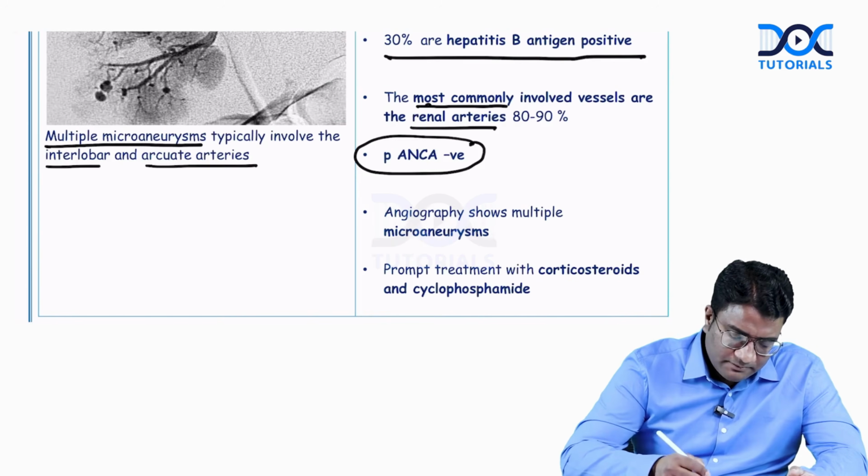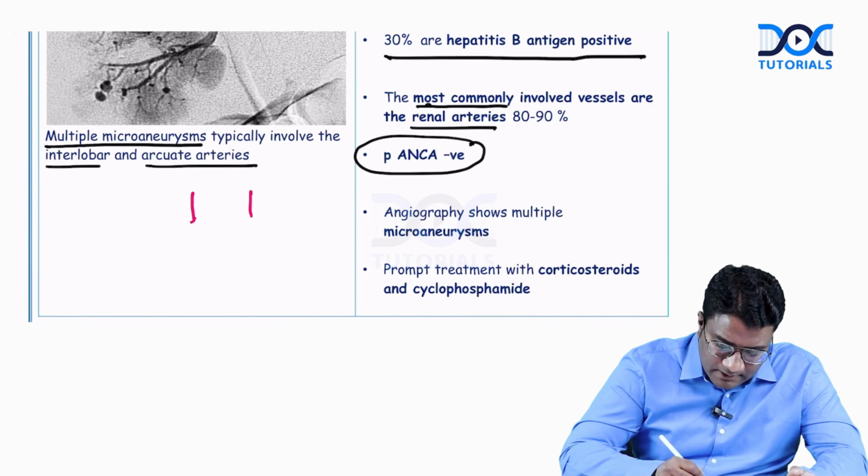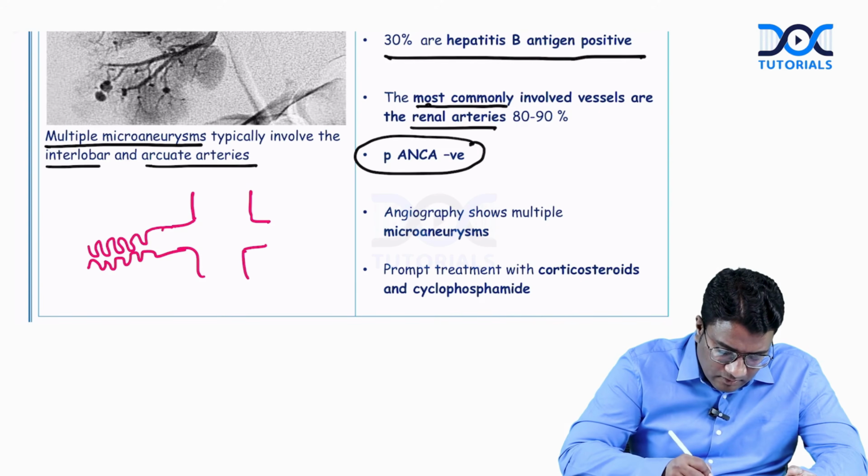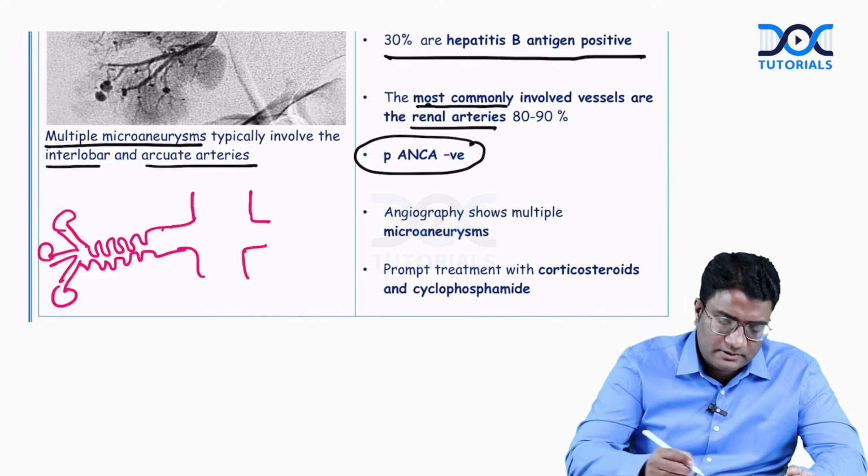So, if I have to sum this up, imagine this is the aorta, this is the renal arteries. If you see beaded or tortuous appearance of the renal artery like this, or within the intraparenchymal branches, you are seeing this microaneurysms.